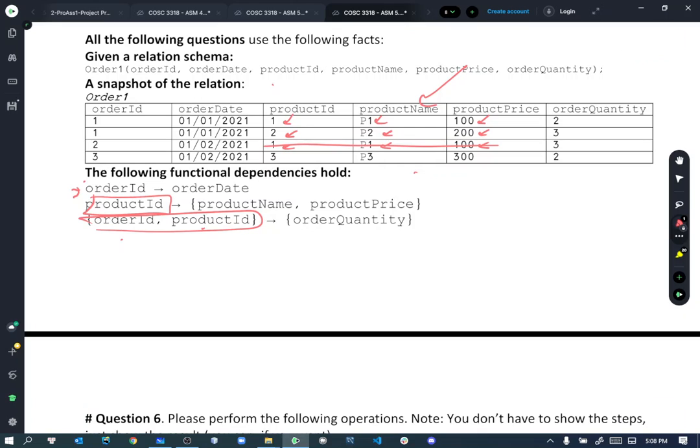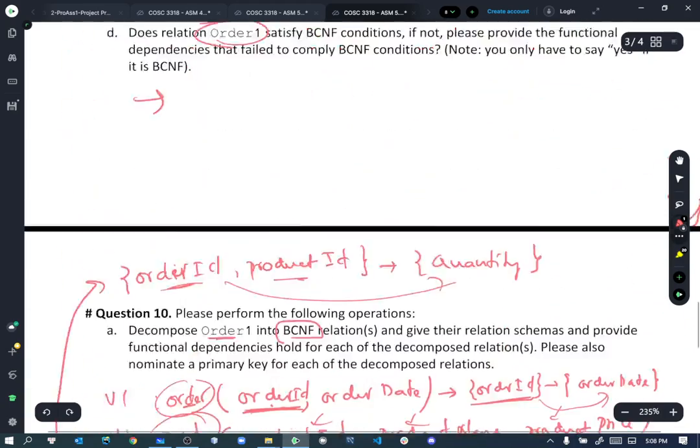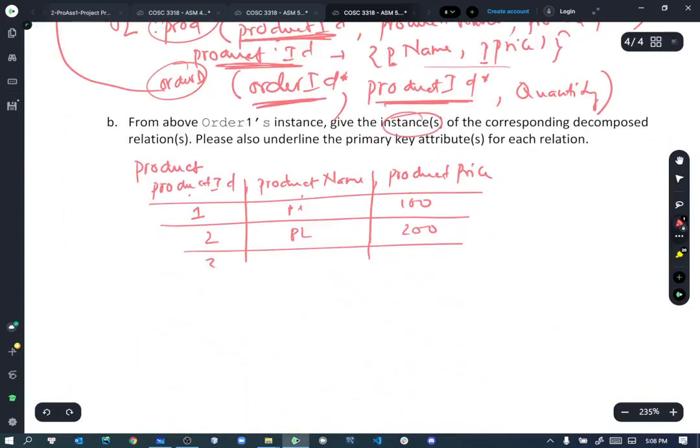Okay, that's why we save space if we split. Next, we have product number 3, P3, and 300. So down here you have product number 3, P3, 300. Okay, we saved one space for P1 here.